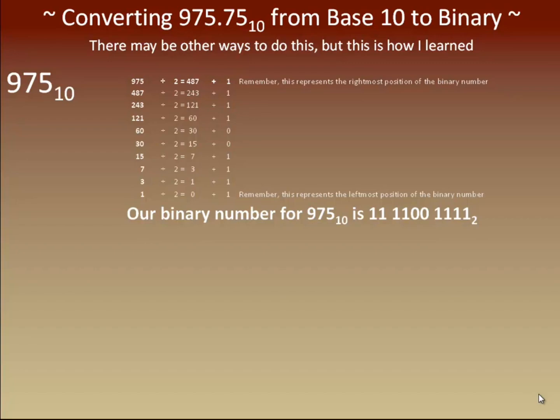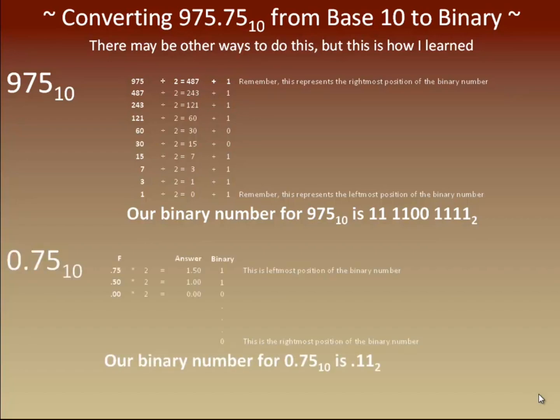Now let's convert the fraction to the right of the decimal into a binary number, which will be 0.75. The way I was taught follows this algorithm. We multiply the fraction by 2. If the answer is greater than 1, then we write 1 as the binary number. And in the next iteration, we only use the decimal portion of the last number we calculated. So we basically ignore the 1 or subtract the 1 before we do the next multiplication.